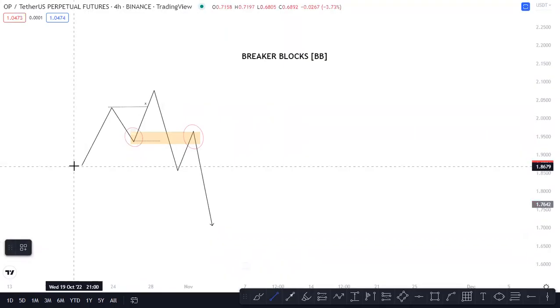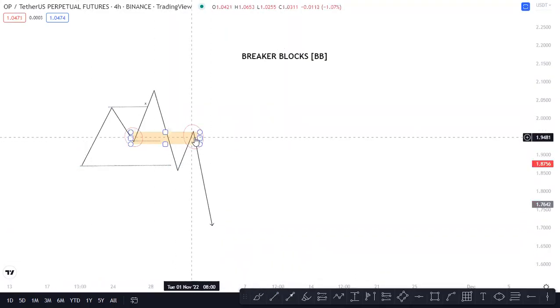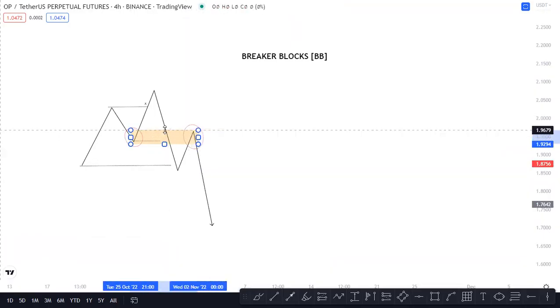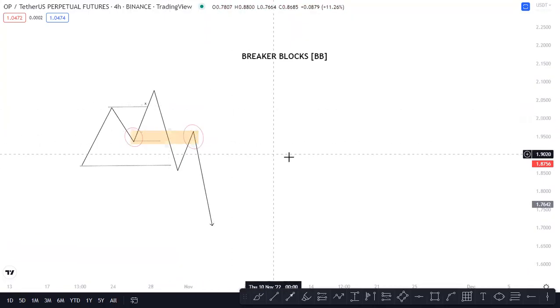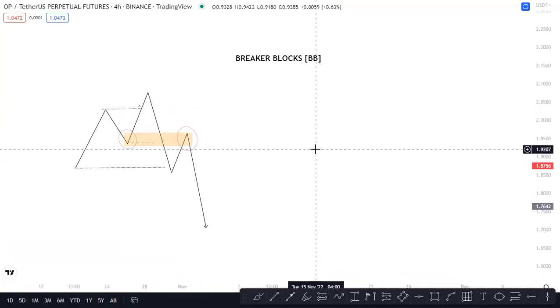Then you see price retesting this breaker block before selling to the downside.